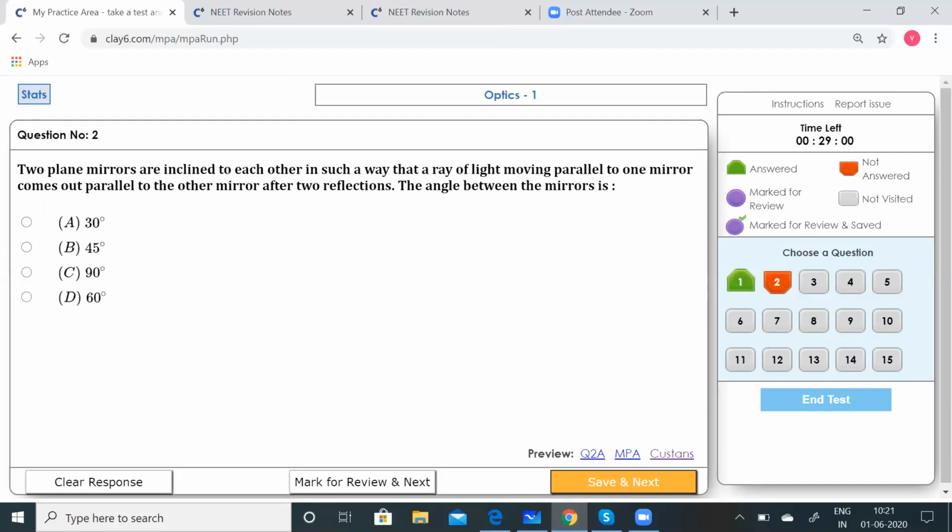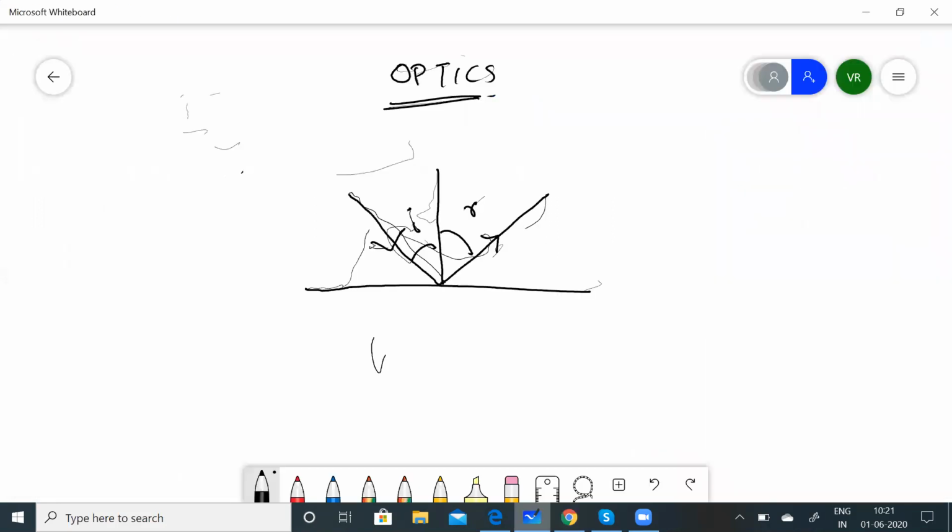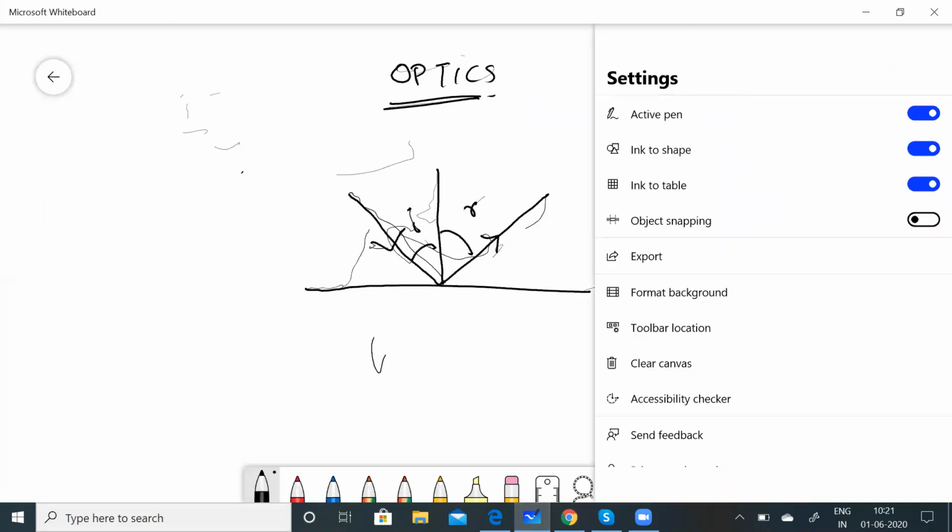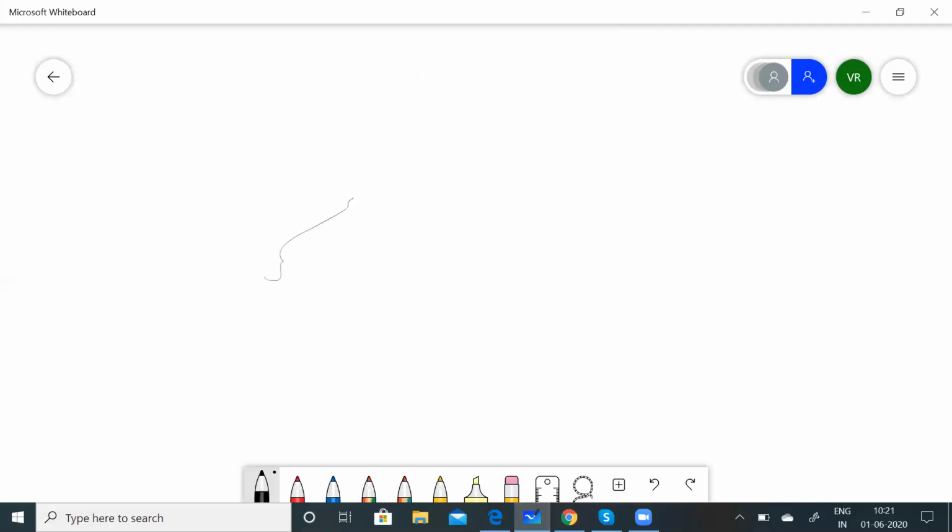Two mirrors are inclined to each other in such a way that a ray of light moving parallel to one mirror comes out parallel to the other mirror after two reflections. The angle between the two mirrors is? Let's quickly draw the diagram for this. So, the two mirrors are now going to be inclined.